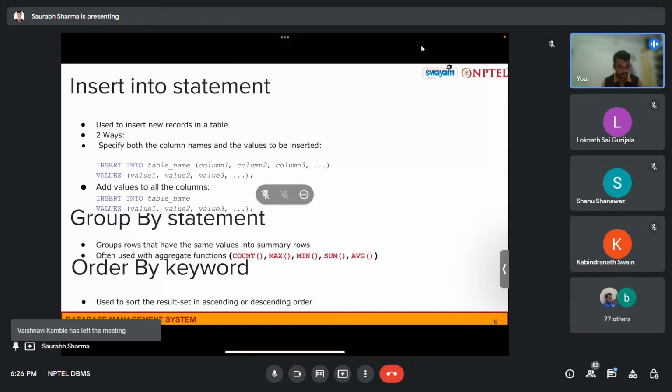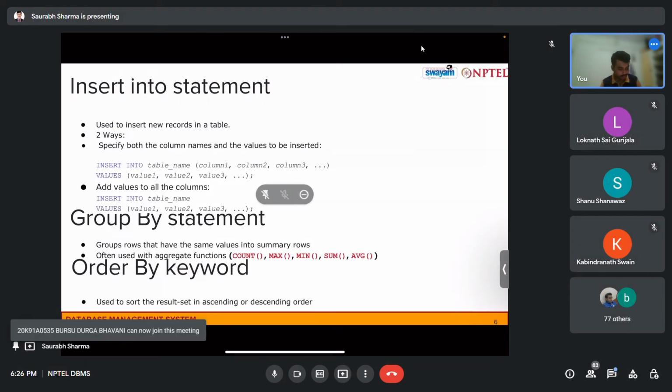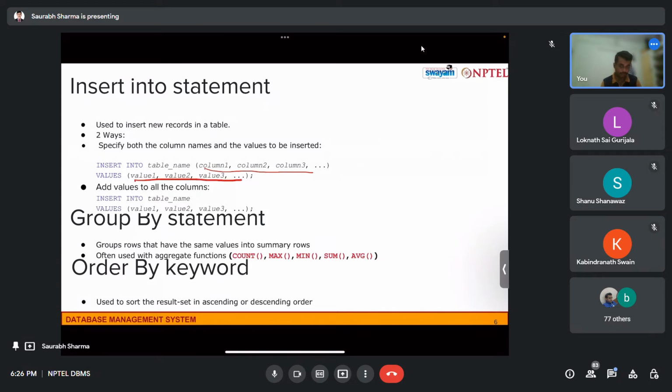Next, we will use the INSERT INTO statement. As I told, we use it in two ways. First, we provide the column names and the values we want to map to each column. Second, if we want to insert values for all the columns, we can go with only the table name and provide values for all the columns. Then there is the GROUP BY statement.